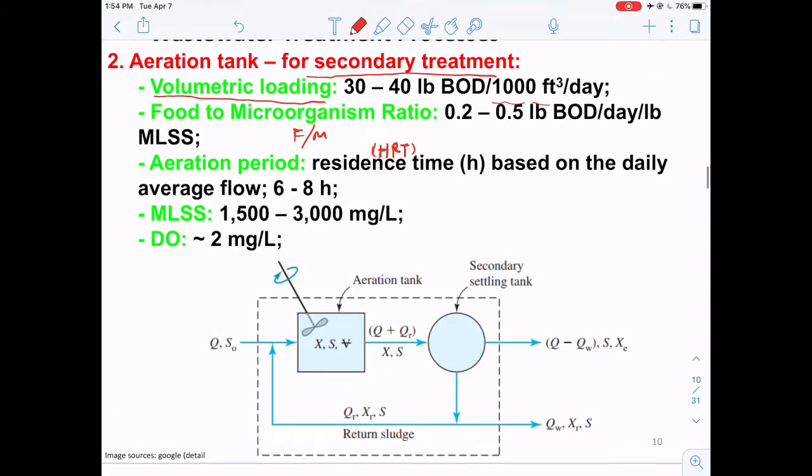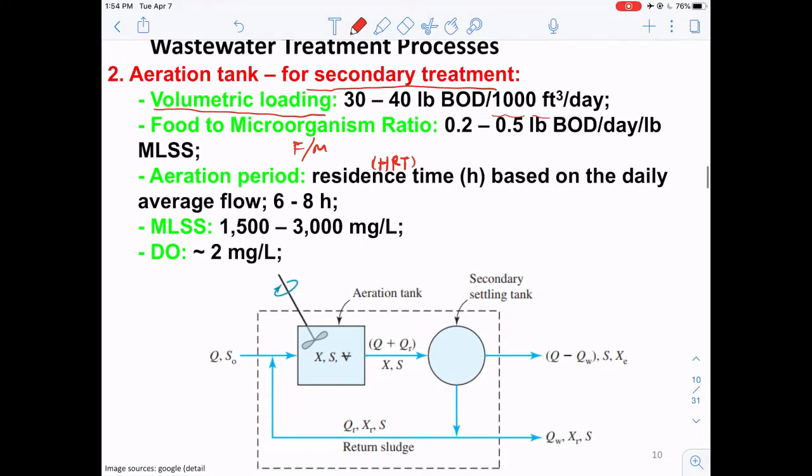So here I'm going to show the process for the activated sludge process again. So basically here, we're going to introduce the effluent that's coming from the primary settler, primary clarifier, into the aeration tank.